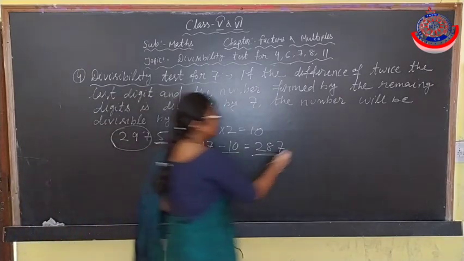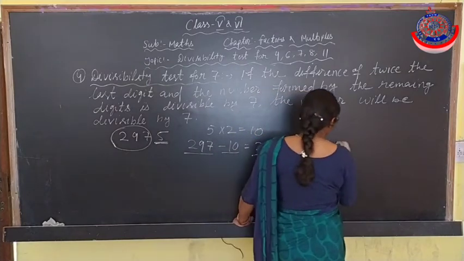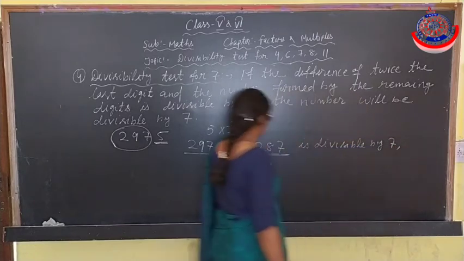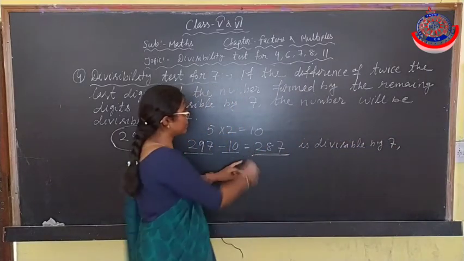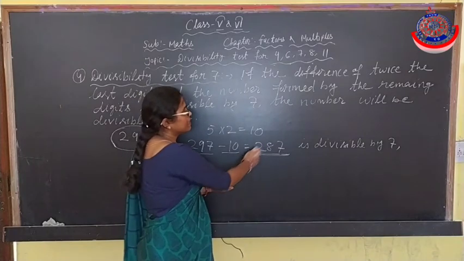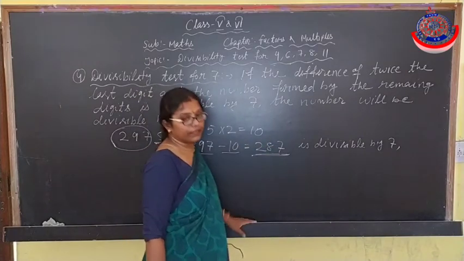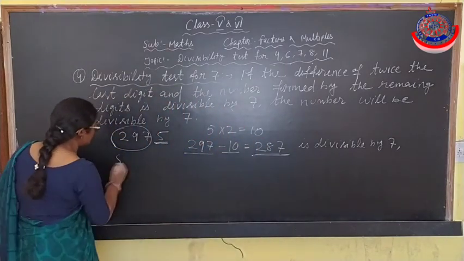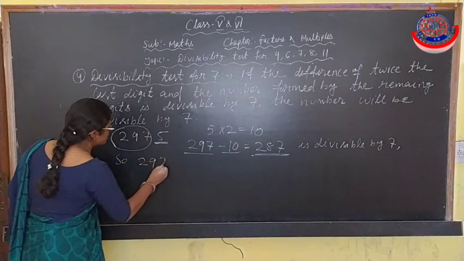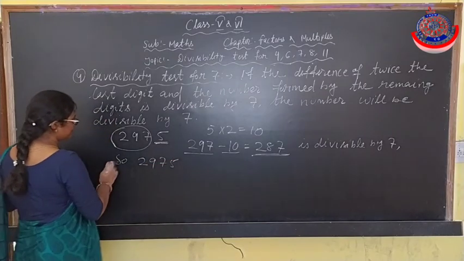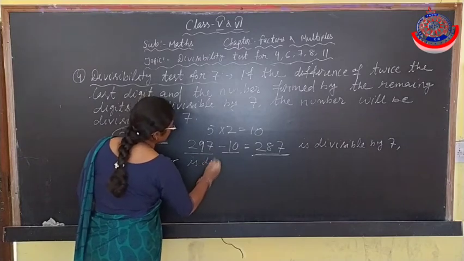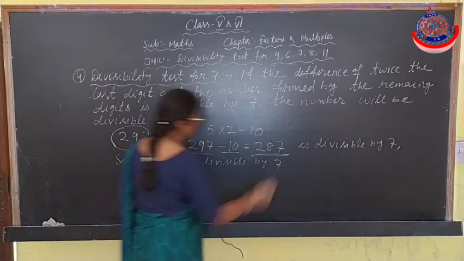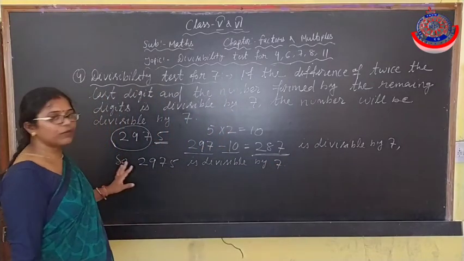Now 287, it is divisible by 7 because when we divide 287 by 7, 7 fours are 28, and 7 ones are 7, so the quotient is 41. 41 is divisible by 7. So 2975 is divisible by 7.